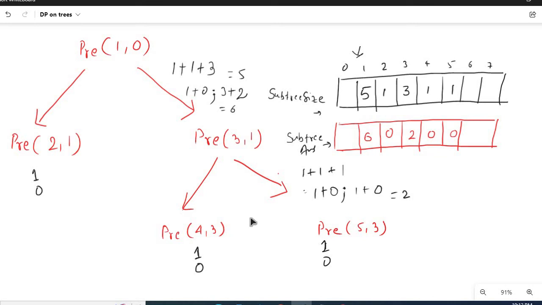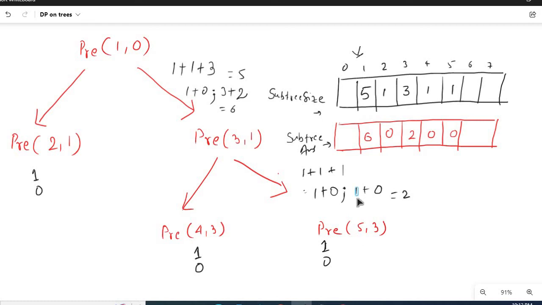When we have to calculate the sum of all the nodes from this node, then the trick is, for the left child, take the subtree answer of the left child plus the number of nodes on the left side. So the subtree size is 1 and the answer for 4 is 0.